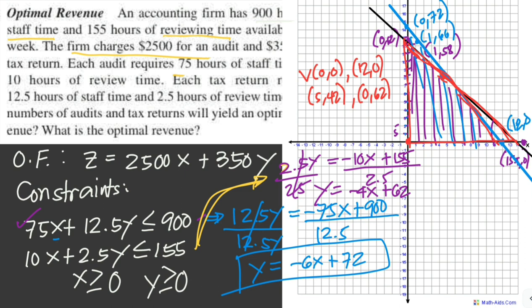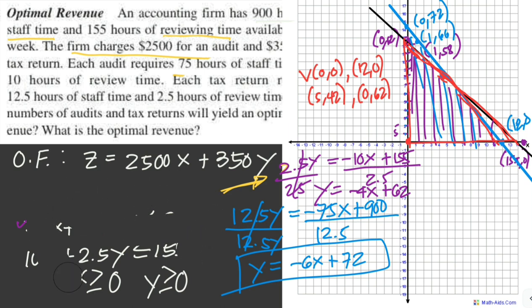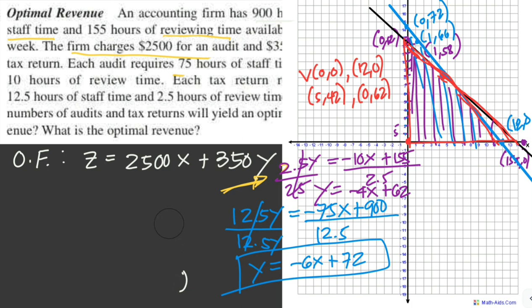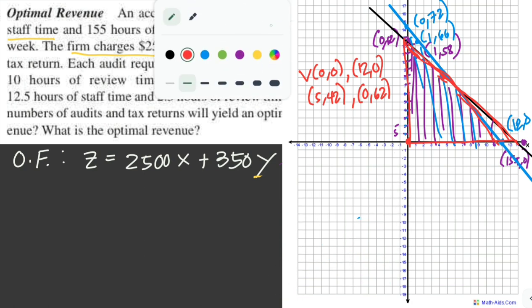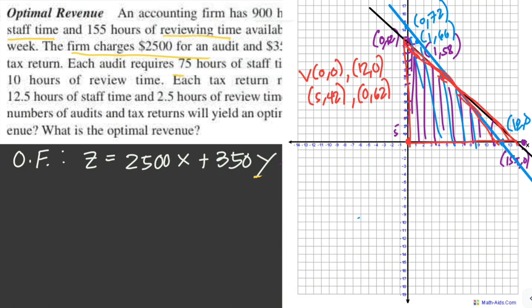And now we already have our corner points. Then we can use the corner point method and substitute all of these values into the objective function. The highest value there would be our maximum or optimal value. So let's do it.